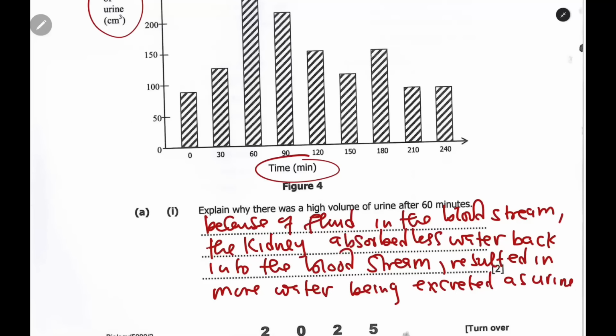So the question is, explain why there was high volume of urine after 60 minutes. There was high volume of urine after 60 minutes because of fluid in the bloodstream. The kidney absorbed less water back into the bloodstream, resulted in more water being excreted as urine. How would you answer this question?